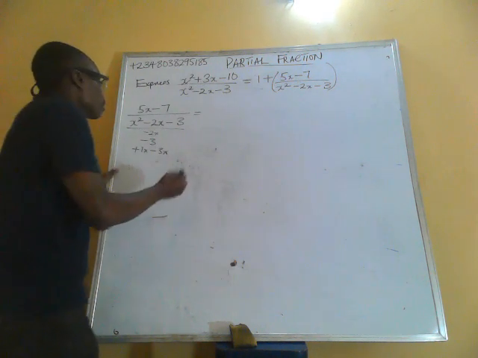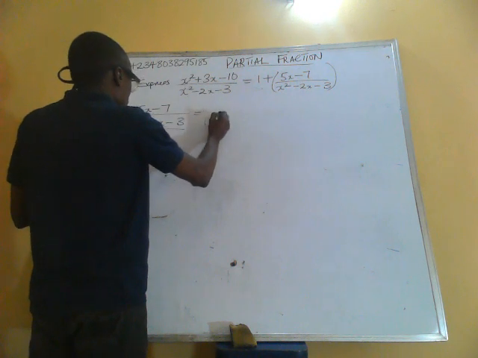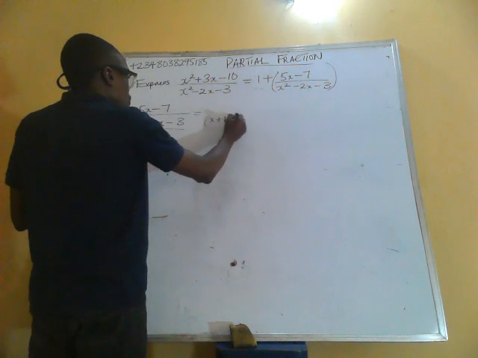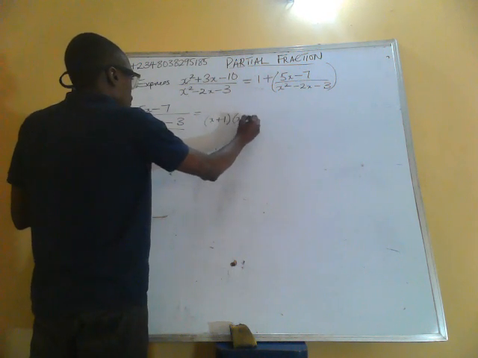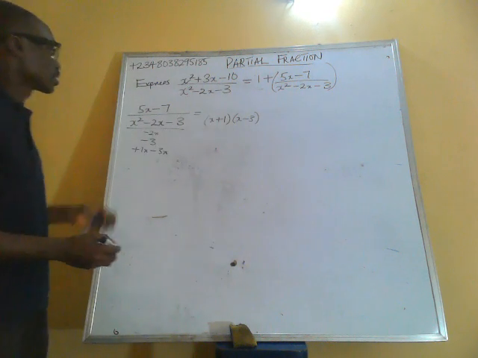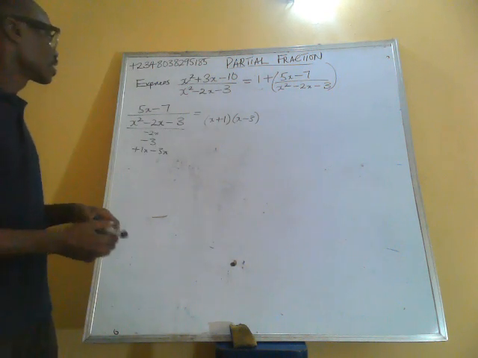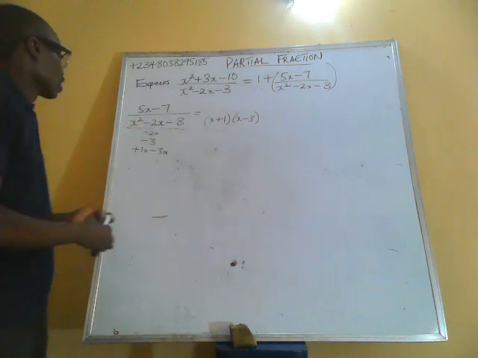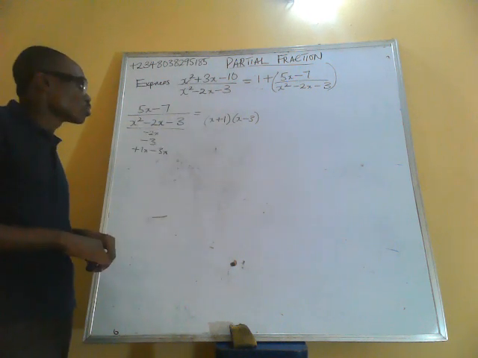Okay, let me write the answer and see. We have x plus 1 into x minus 3. Let's see. If you factorize this, this is what it's going to give you.